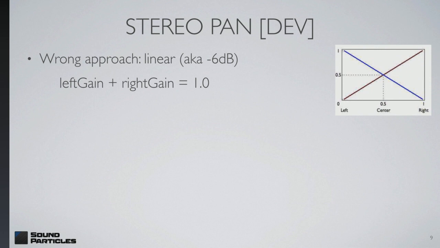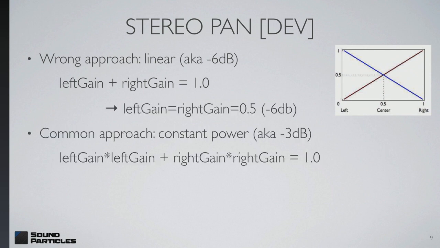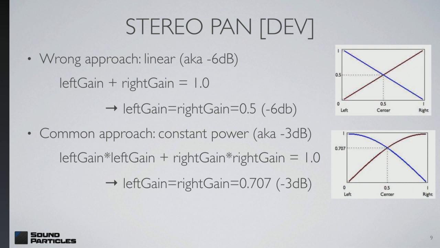So to make sure that the power stays the same, what you need to do is make the square of the left gain plus the square of the right gain together equal 1. So you get a different kind of curve. In the middle, if you want something coming from the front, what you have to do is not give a gain of 0.5 to both speakers.